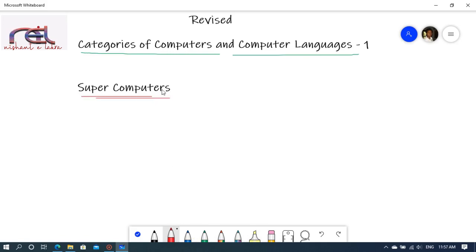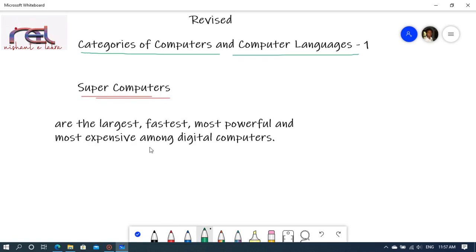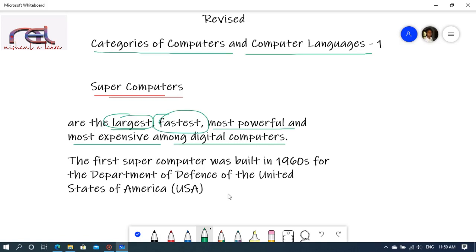Let us understand about supercomputers. These supercomputers are the largest, the fastest, the most powerful and the most expensive among all the digital computers. The first supercomputer was built in the 1960s for the Department of Defense of the United States of America.